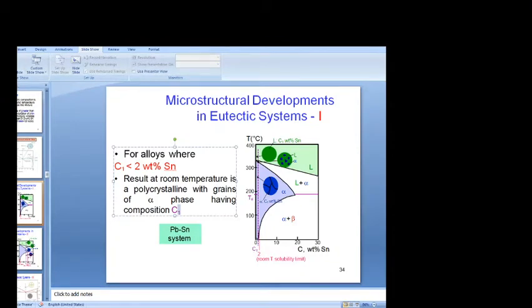So now we are focusing on the Pb and Sn system, the lead and tin system.